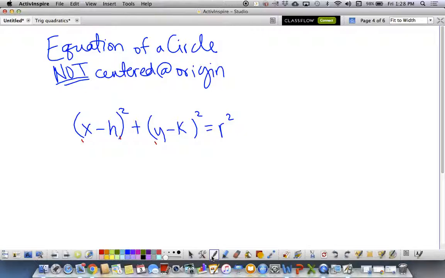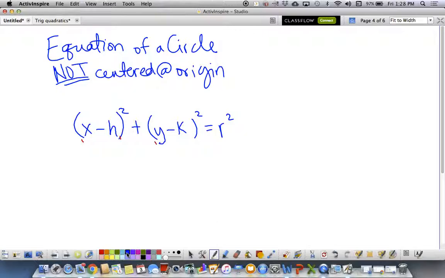Okay, so here we go. What happens if there's an equation with a circle that's not centered at the origin? You're still going to have an x squared and a y squared. I remember earlier, h and k from some equation. Earlier we were centered at the origin, so we could have said x minus 0.